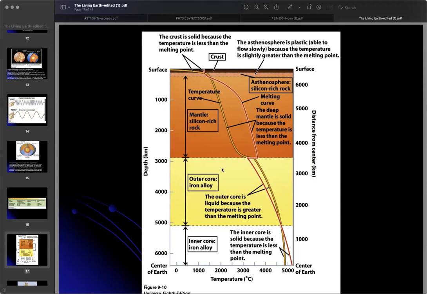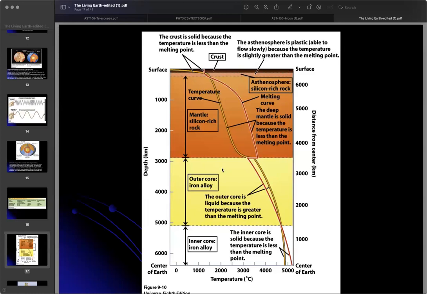The red is the melting curve, which shows the dominance of pressure. Where the red curve is ahead to the right, it is winning, and yellow is losing.